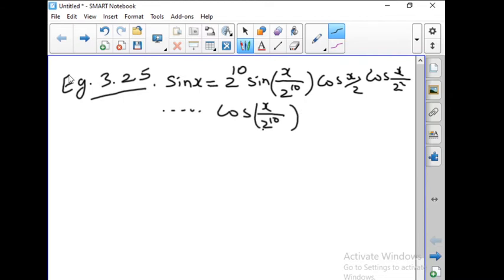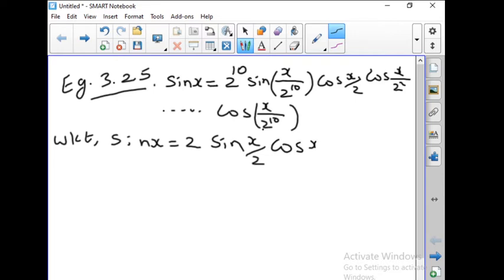Okay. So now we know that sin x can be written using the submultiple angle. We can write this as 2 sin (x by 2) into cos (x by 2). Now again we are going to use the submultiple angle. So take sin (x by 2).